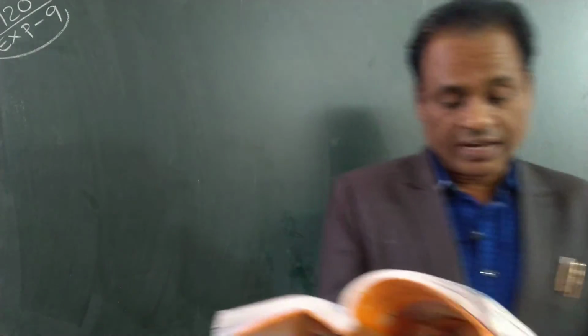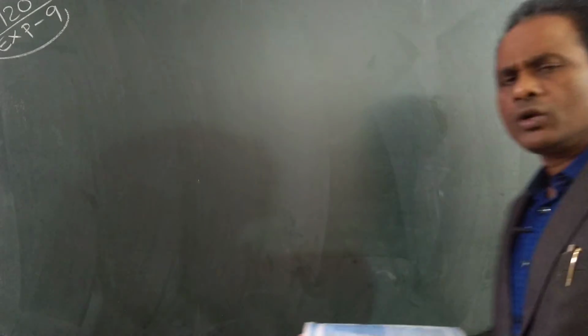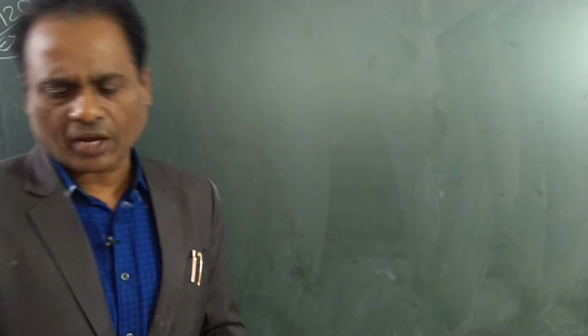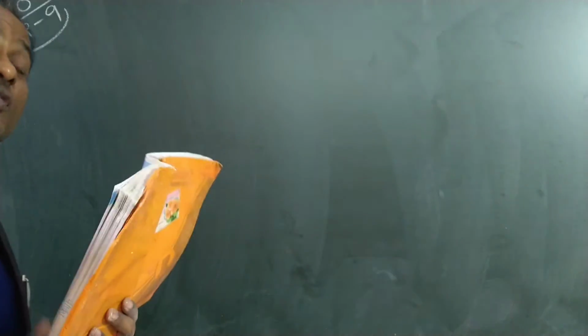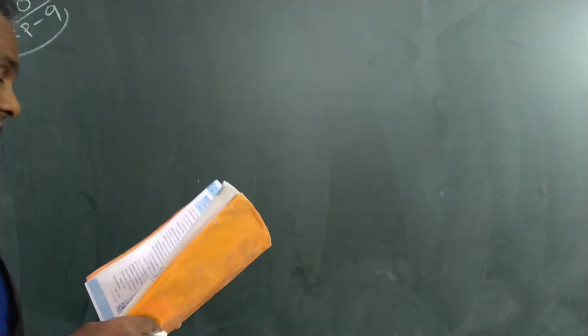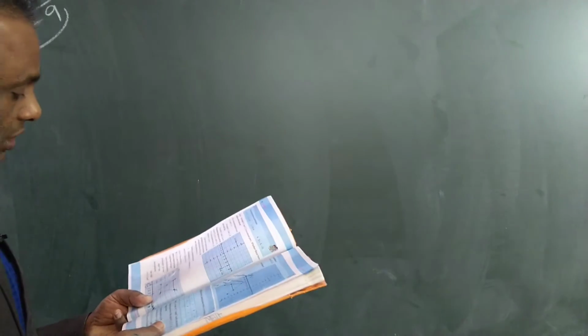This I will solve. This seems to be a little important. After this, I will do a revision of this chapter, because this is a very important chapter for your higher studies.